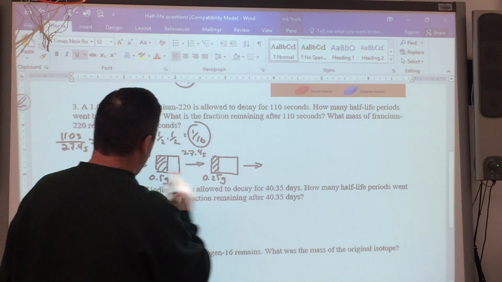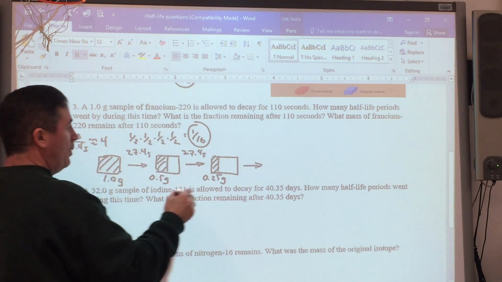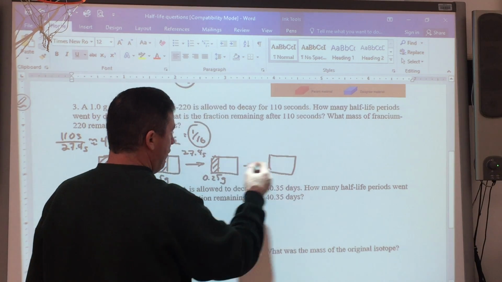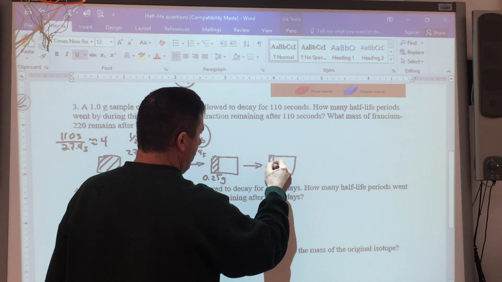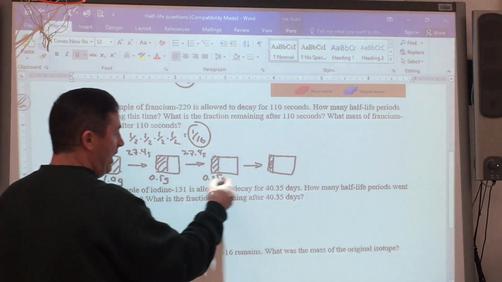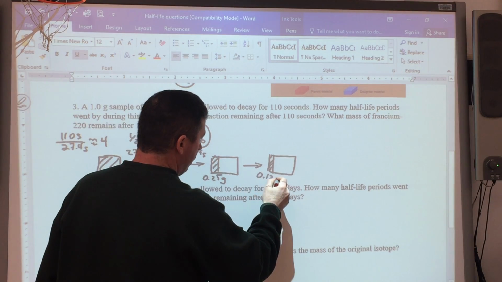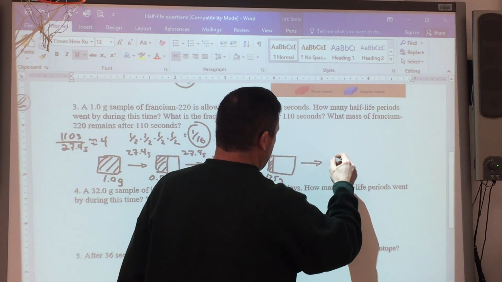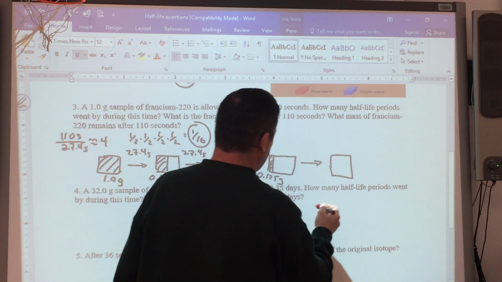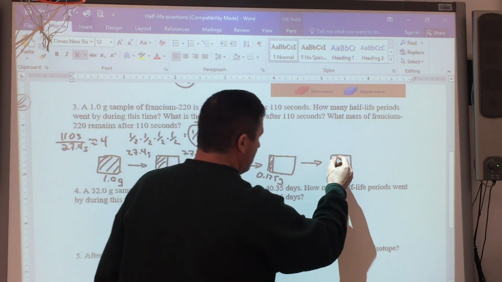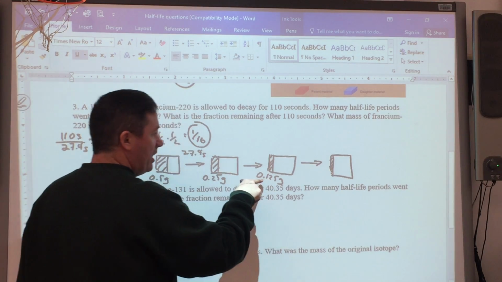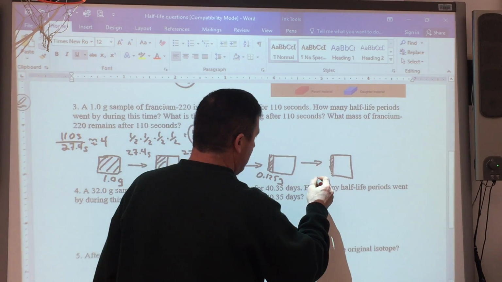So there's 2 half-lives. I need 2 more. Drawing the same size. Half of this is about that. Half of that is this. And my last half-life is half of that. So that's just kind of a little sliver here. And what's half of 0.125?